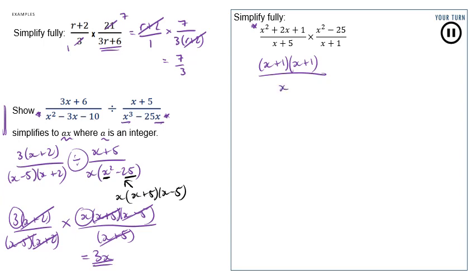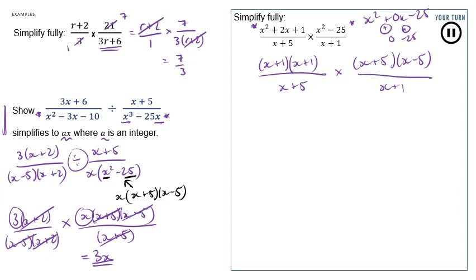We can't simplify the denominator on this side. Here we've got our difference of 2 squares. Remember, if you find that difficult to spot and to remember, we can always think about that as x squared plus 0x, take away 25, and then we're looking for a pair of numbers which add to 0 and multiply to negative 25.